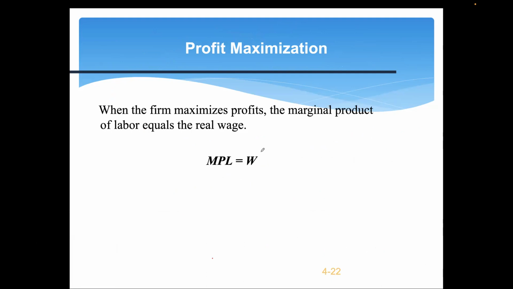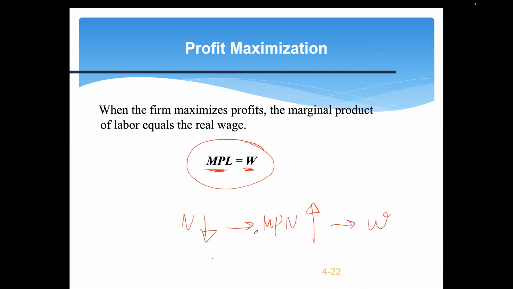In equilibrium, wage equals the marginal product of labor. Now, if N declines sharply, MPL or MPN, sometimes I use MPL or MPN, but it's the same thing, is going to increase. And then in equilibrium, this means wage must reflect this change and increase. But that's exactly what the data show us.